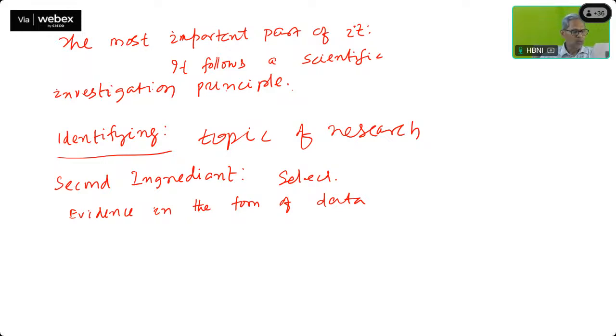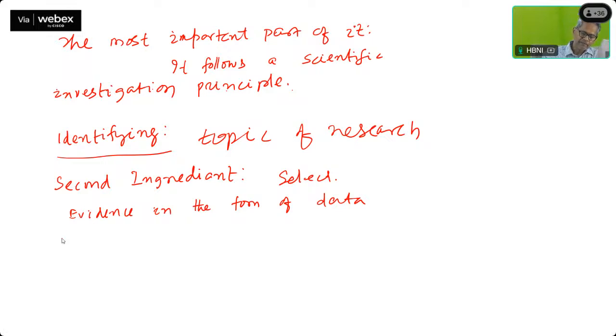And your data can be of different types. It can be numerical data, or it can be a survey type, where you talk to people and get their opinion, yes or no type.